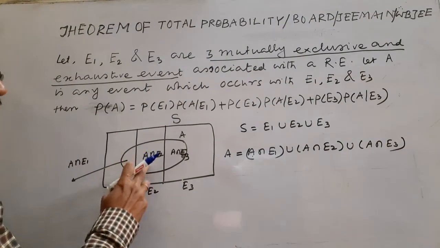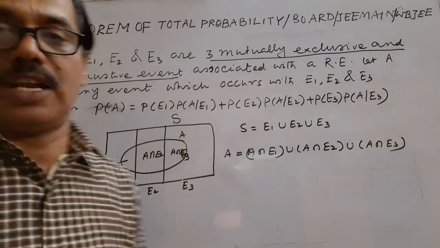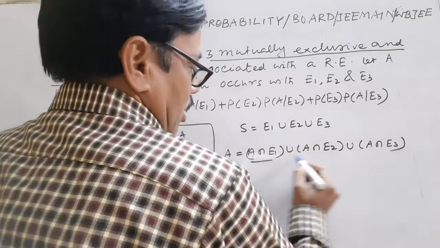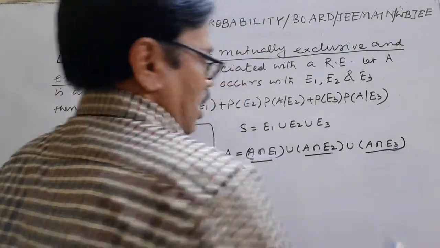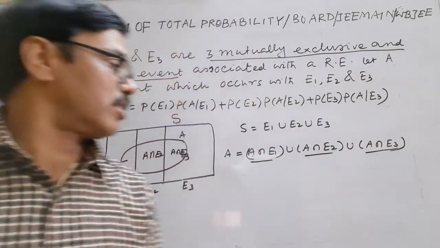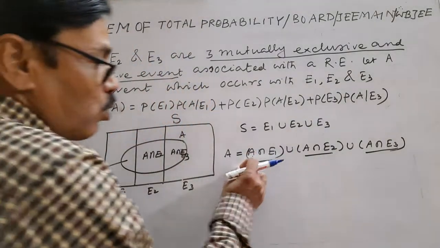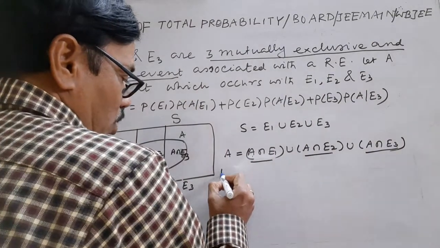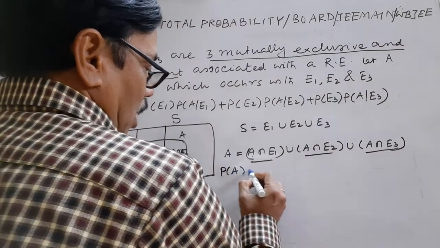This set plus this set plus this set is A. Now look, these sets, A intersection E1, A intersection E2, A intersection E3, are exclusive events. So if we take probability, we get plus.